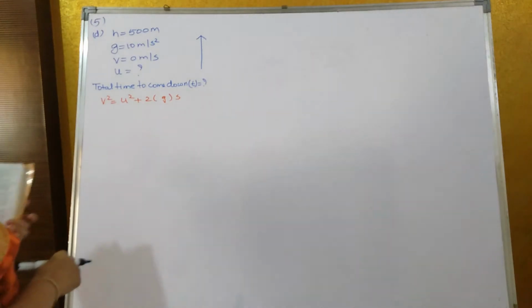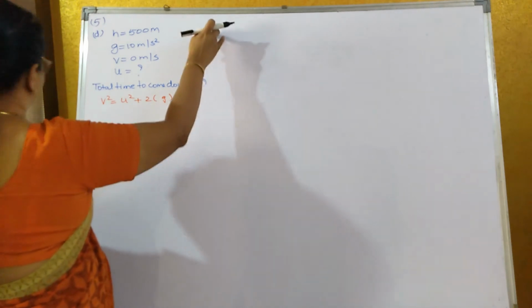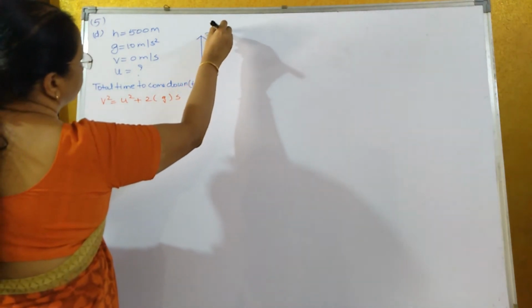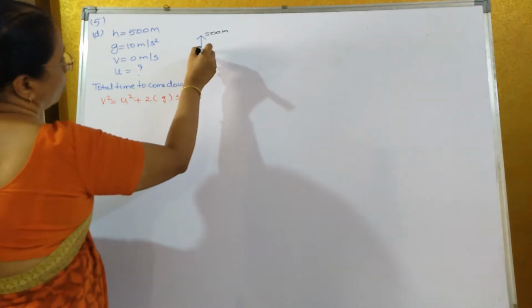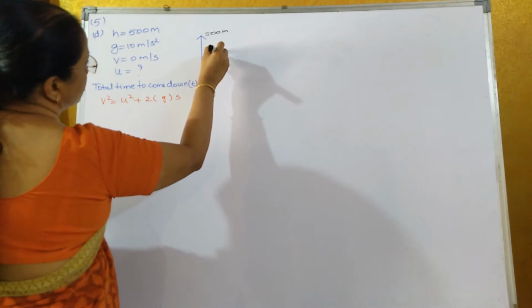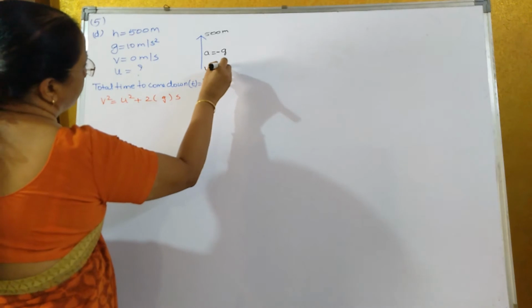Now the fourth one, they have said an object thrown vertically upward. So it is thrown vertically upward and reaches a height of 500 meter. Now since it is going up, A over here will be acceleration due to gravity. Since it is going up, it will be minus g. The initial velocity we have to find out.